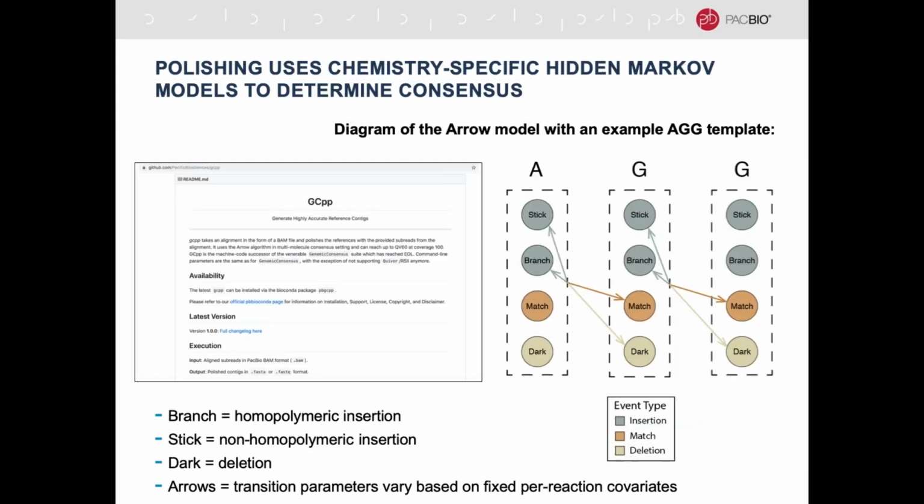Polishing is done using our Arrow model, which is a hidden Markov model implemented in our latest GCPP package, which you can utilize via SMRT Link or via PacBio Bioconda, for those who are familiar with that.